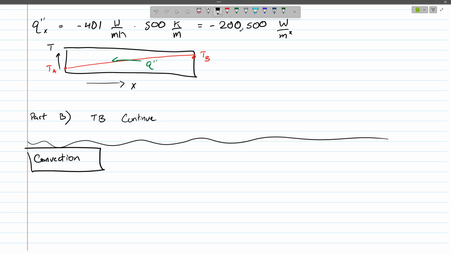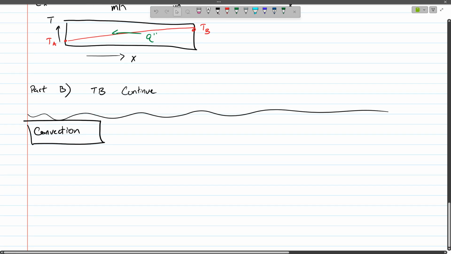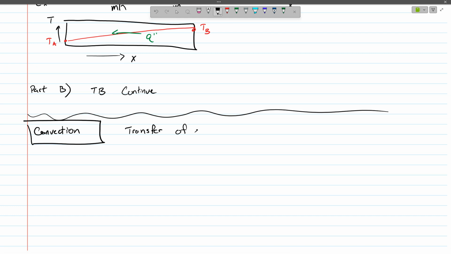So convection, right? Is the transfer of energy by a moving fluid. And it's actually an amalgamation of two different heat transfer processes. Convection, it's a mashup of those terms too.